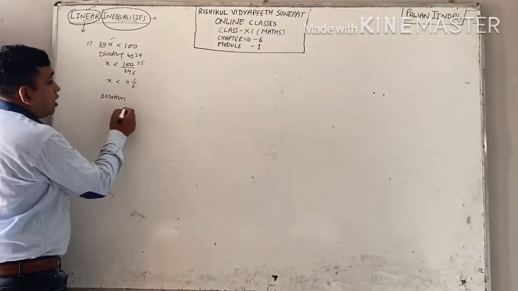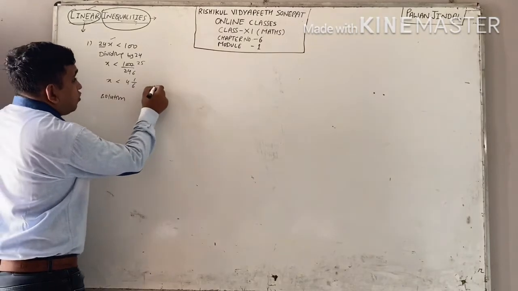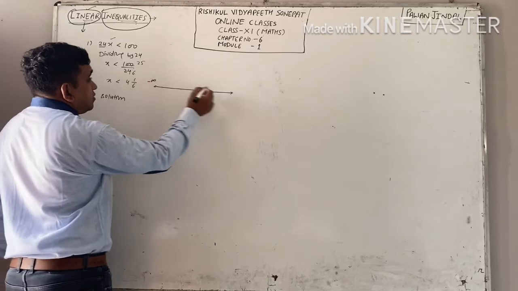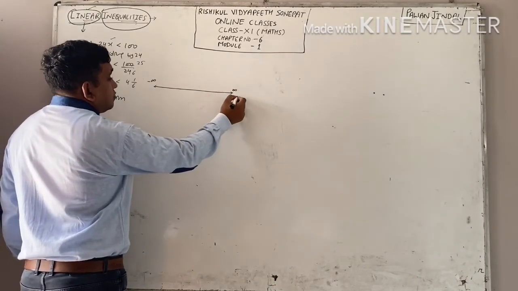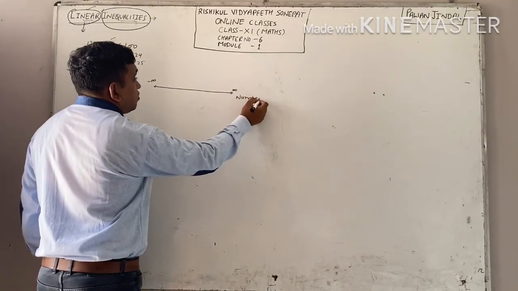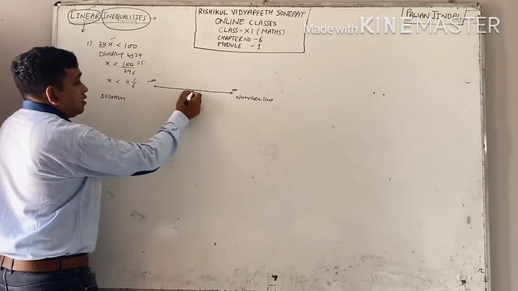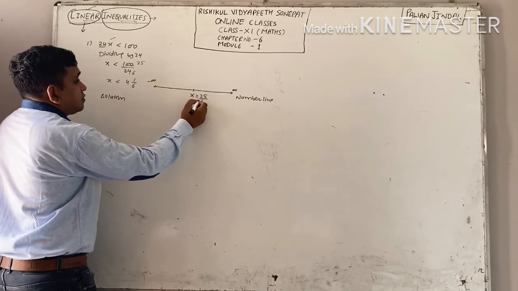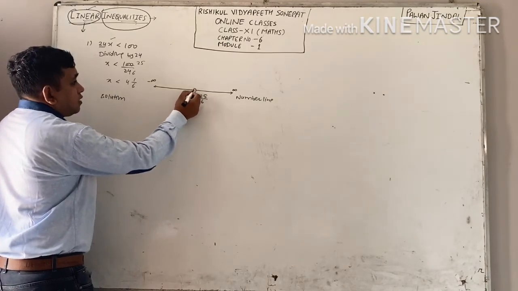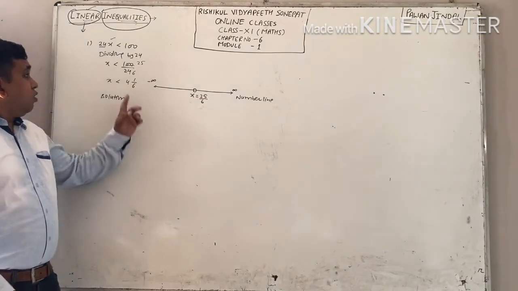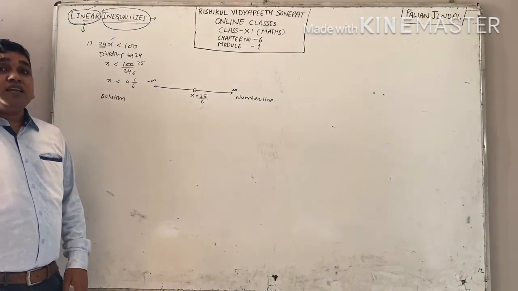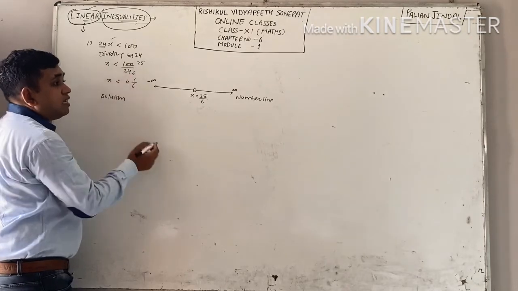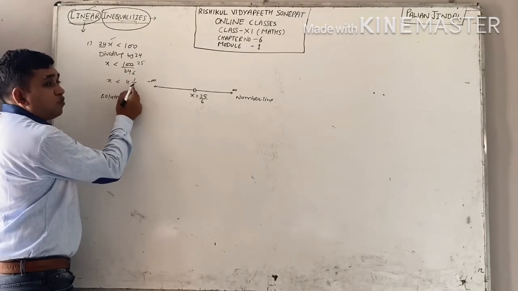These will go up to minus infinity, and for easiness you can plot it on number line also. This is your number line. Now how will you plot the solution on number line? This is your 25 by 6. Make a circle here. Now darken the line where you are having numbers less than 25 by 6 or 4 1 by 6.